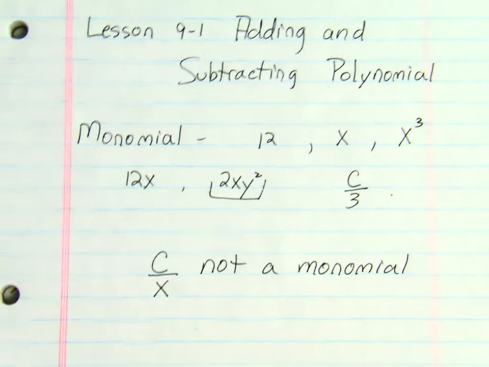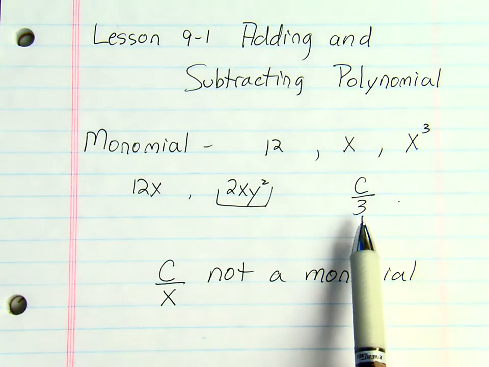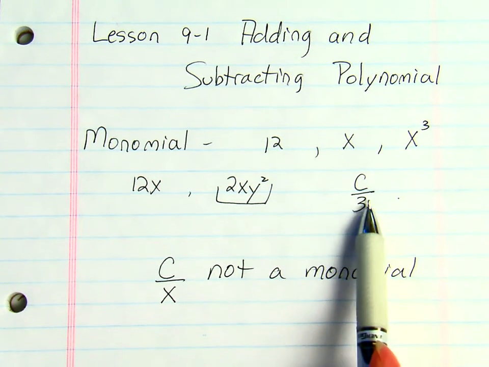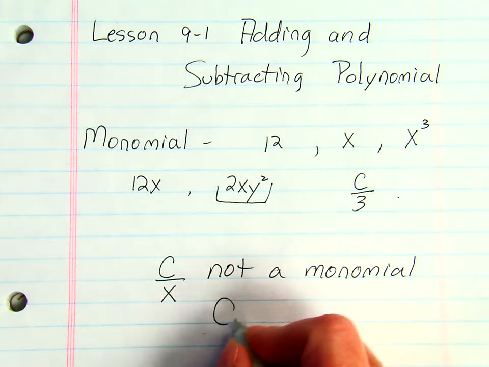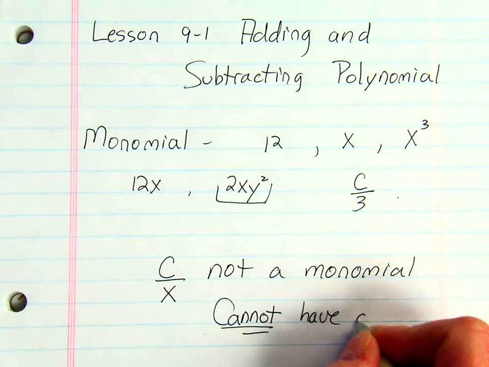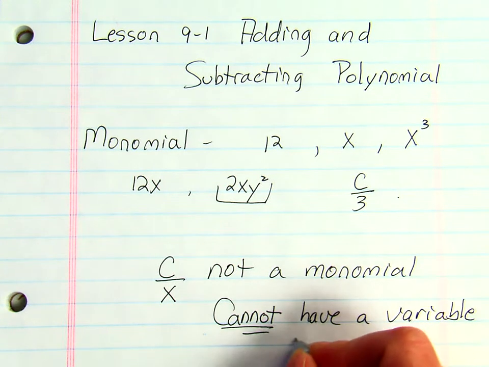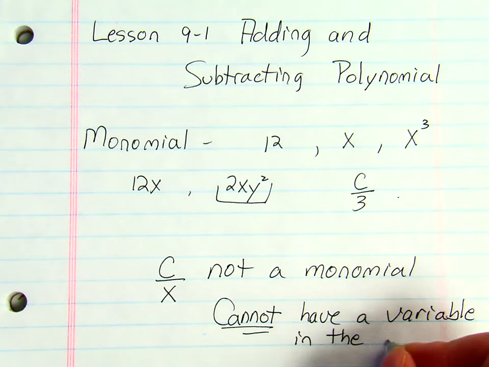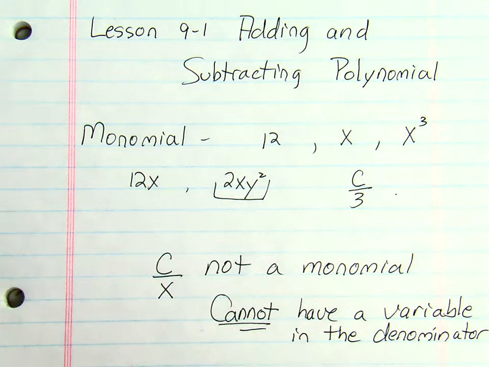What do you see between the two? Can everybody see that this is a constant down there in the denominator, whereas this is a variable in the denominator? A monomial cannot have a variable in the denominator. Very, very important note, so please make sure that you star that because this will come up, I promise you.